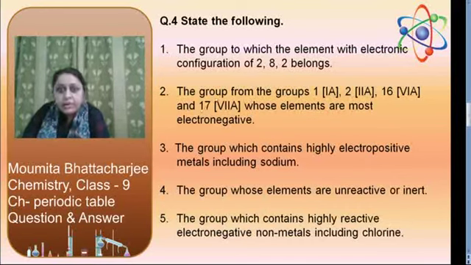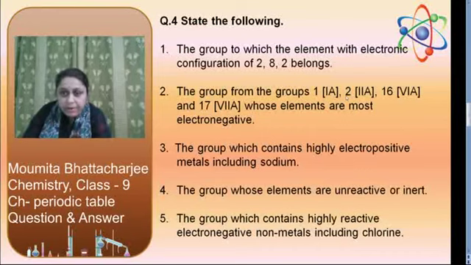Next one, the groups 1, 2, 16, 17 are the groups according to the modern periodic table, and these are the groups according to the old one. So we are considering the modern one. Whose elements are most electronegative?